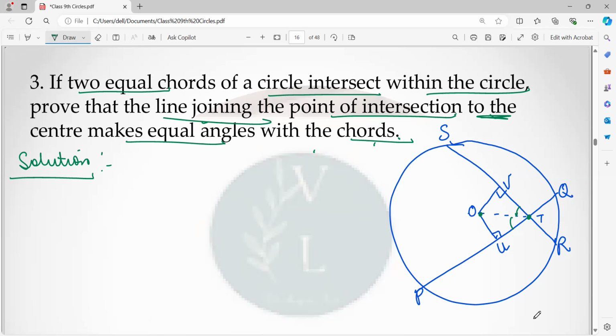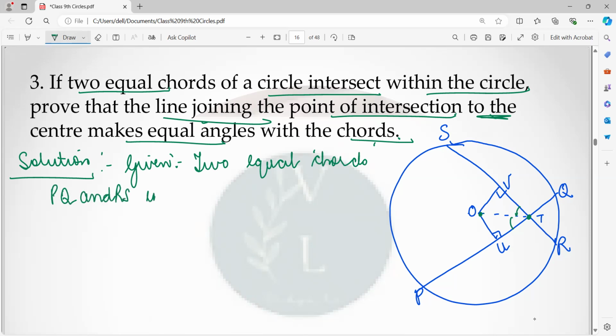Okay. So we'll write, we have given two equal chords PQ and RS intersecting at point T, right?